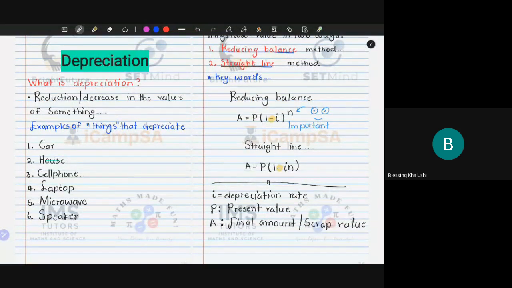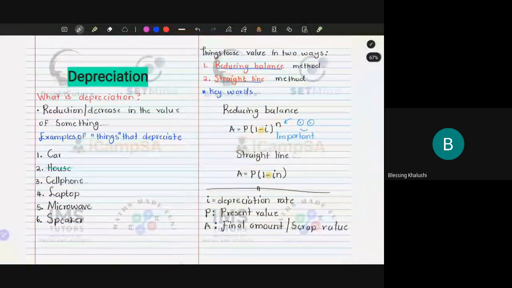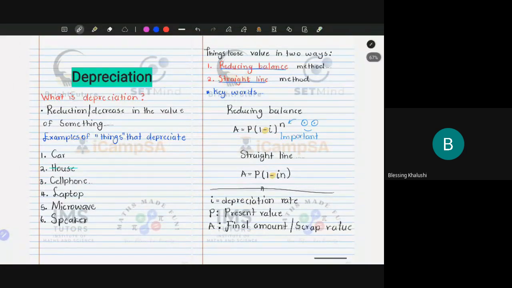So these are the terms that you need to be familiar with. When you see them speaking about scrap value, it means they are talking about depreciation. When they talk about present value and depreciation rate, you should be able to read along the lines, guys, and be able to solve these problems.